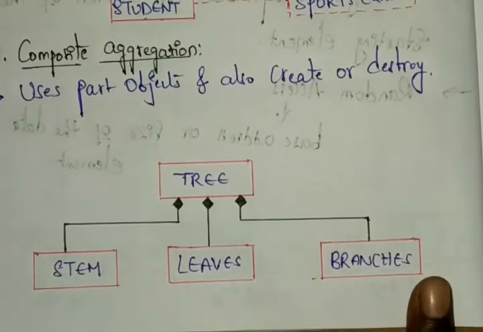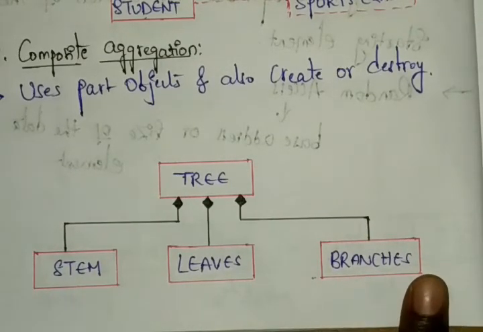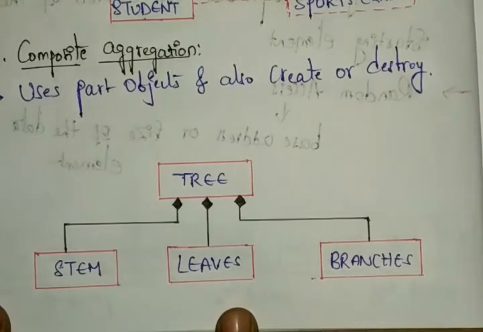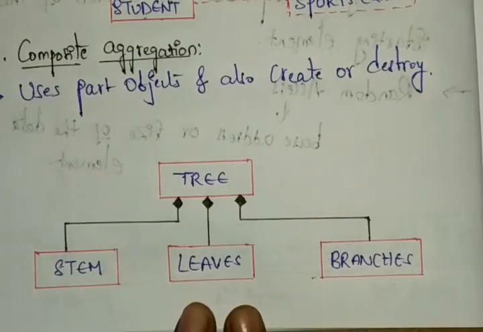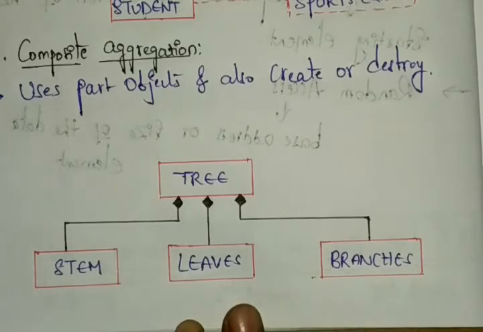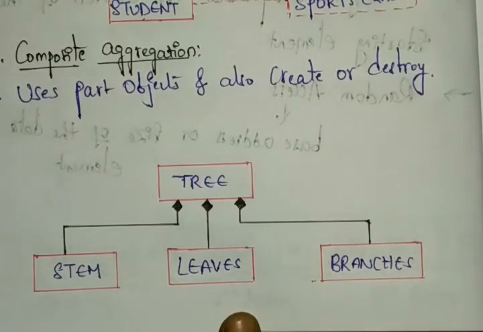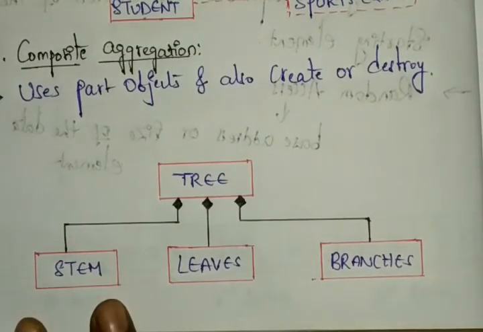After that it has some leaves. It starts with some branches and then the leaves. If you remove the leaves, you are destroying the leaves. If needed, you can create them. How? By using the stems, we can again create another tree, right?